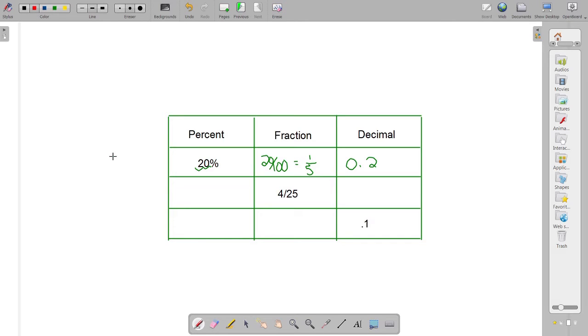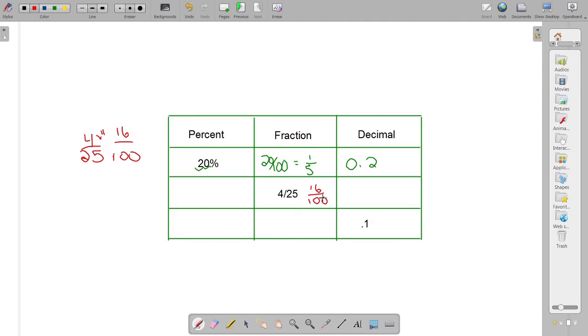If I have 4/25, and I wanted to make it with a denominator of 100, I went 25 times 4 to get to that, so I'm going to have to multiply the numerator by 4 as well. So this is equivalent to 16 out of 100.